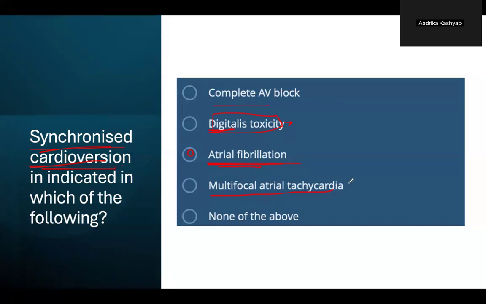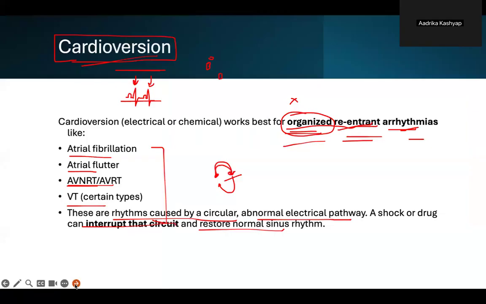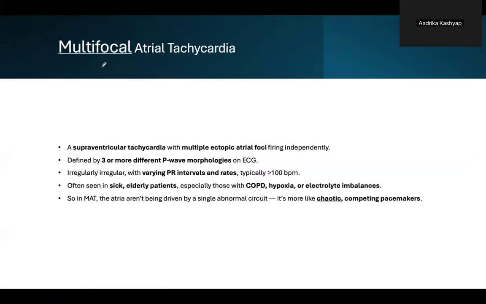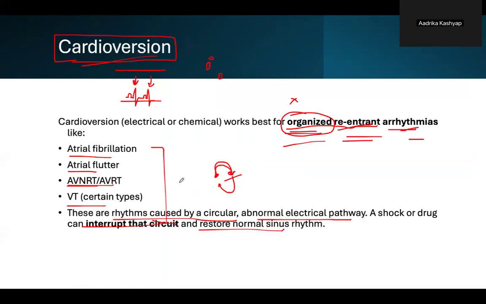I want to talk about what it is in a second. It's pretty rare, but it can confuse you, so it's better to know what it is. You just have to remember what it means to be multifocal. Like I said in the previous ones, it's your node or some electrical pathway causing a circular irregular rhythm. In multifocal, it's not like that.